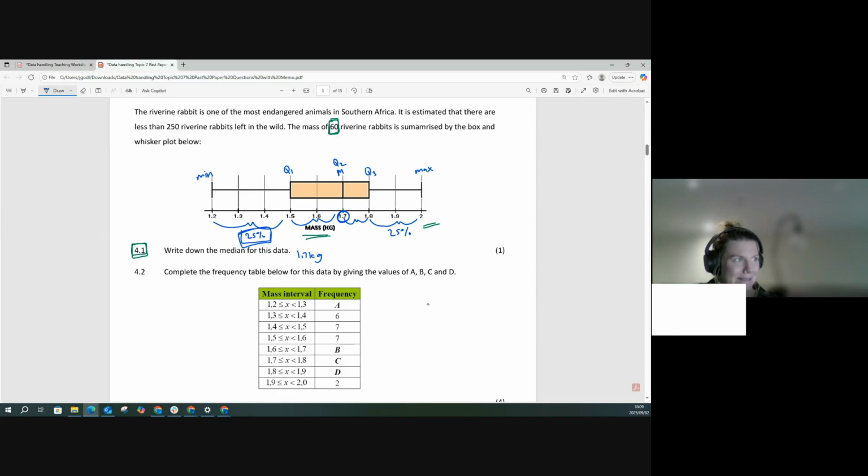Just highlight my hints. Interesting answer, Oyanda. Tell me why.